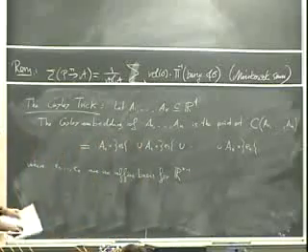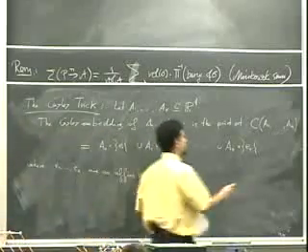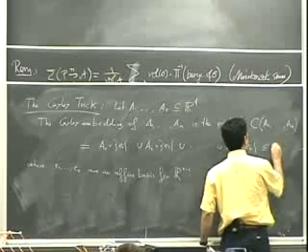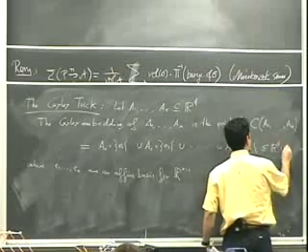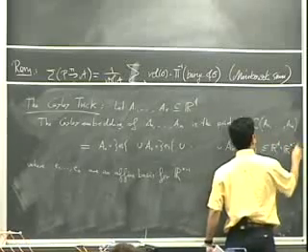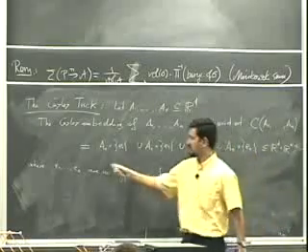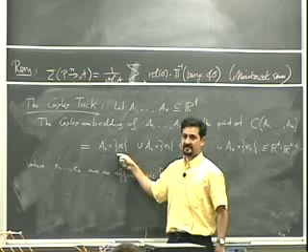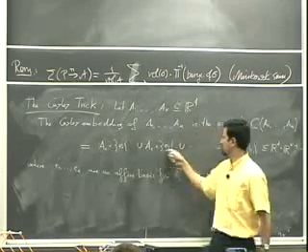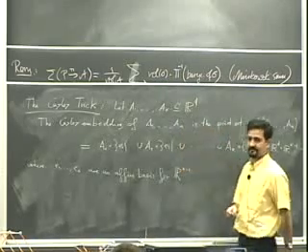Which means this thing lies in R to the D times R to the K minus 1. Okay. This lies in R to the D times R to the K minus 1, these two, and these two, and these two, and so on.